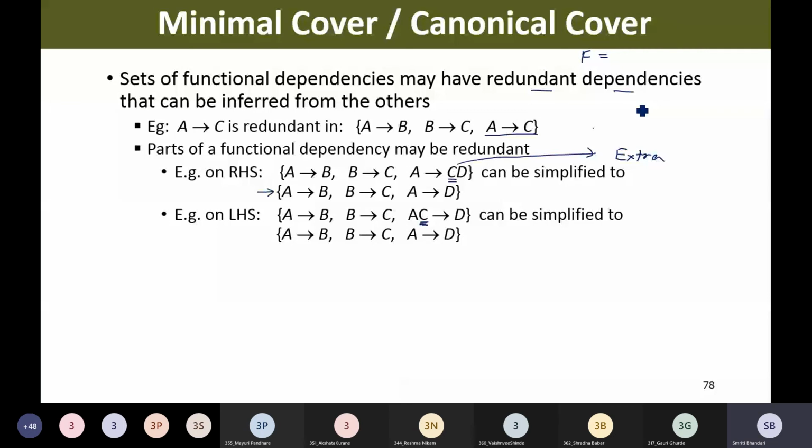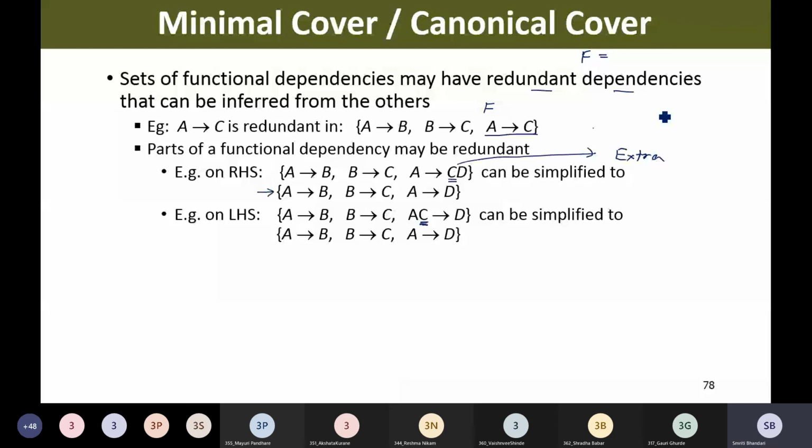And the reason is, for example, I'm giving you one example here. As I stated earlier, to check for dependency preservation, or whenever we try to update our database, each functional dependency in set F is tested for its violation.